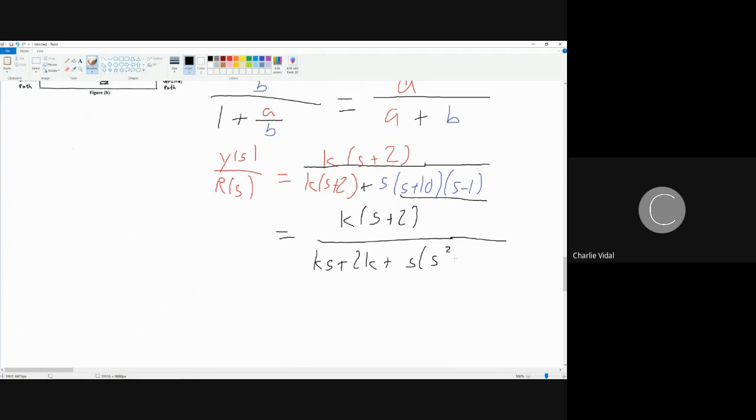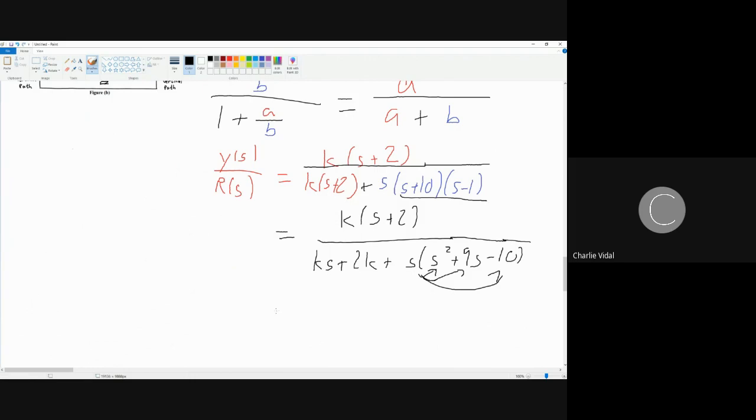This is going to be plus 9s, because s minus 1 and positive 10s make 9s. This is going to be negative 10. All right, so you have that. And then if you multiply these through, it increases all the exponents by 1. And then you can order everything properly now.